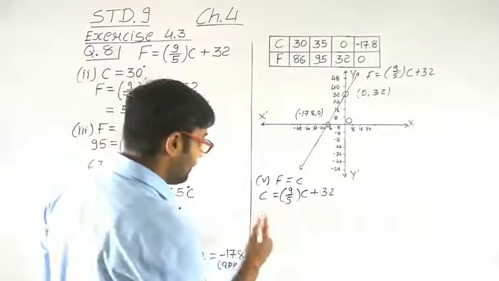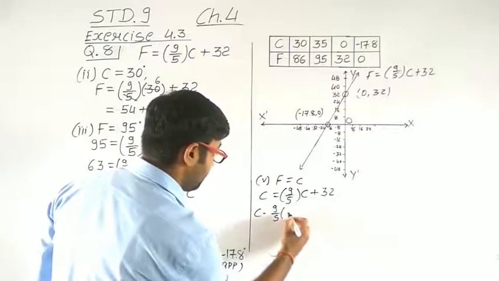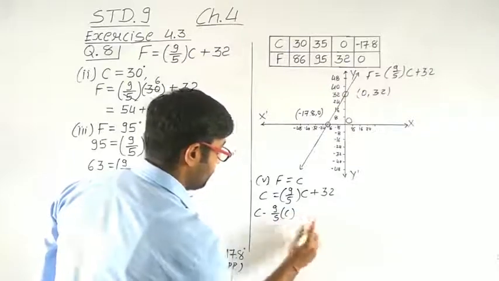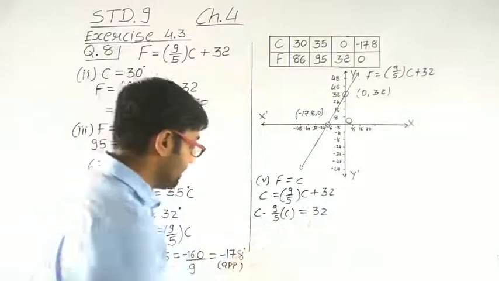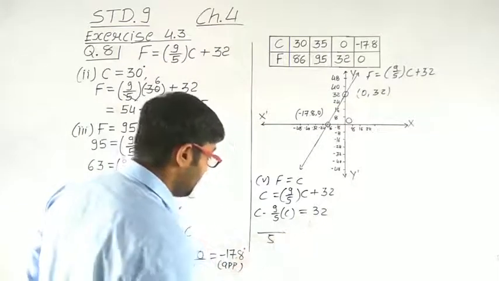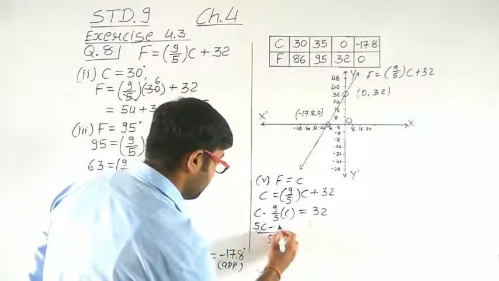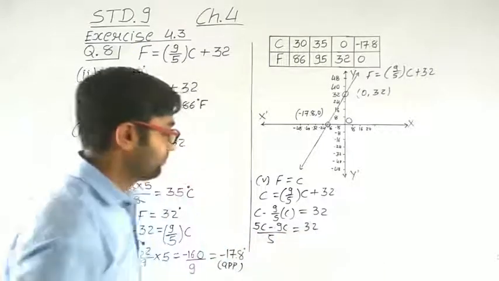Now take this to the left hand side, we get C minus 9/5 into C is equal to 32. Now when we take the LCM here, we get 5 as the LCM. So here we write 5 into C minus 9 into C over 5 is equal to 32.